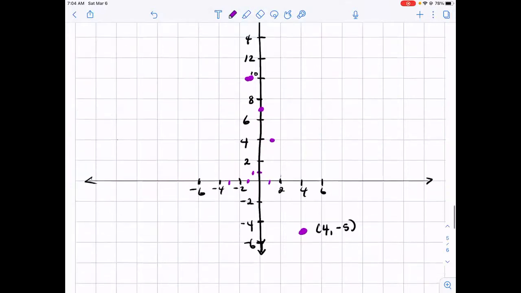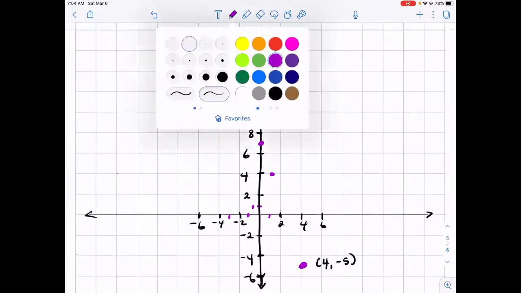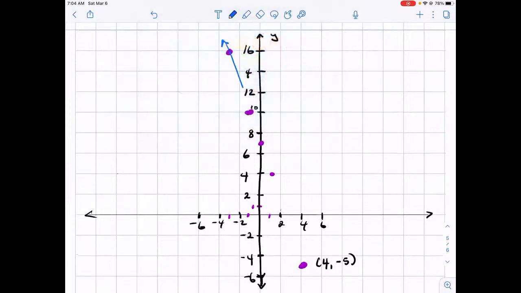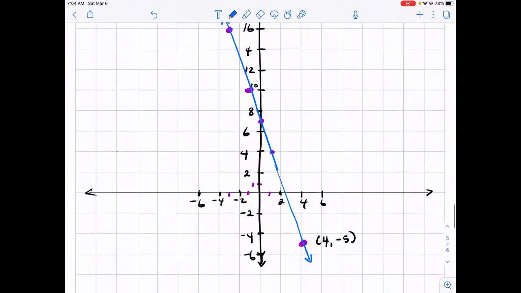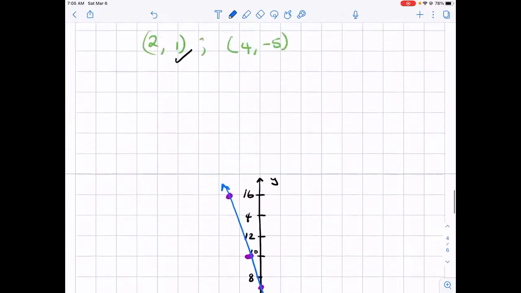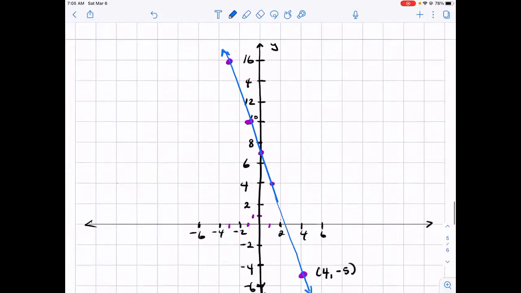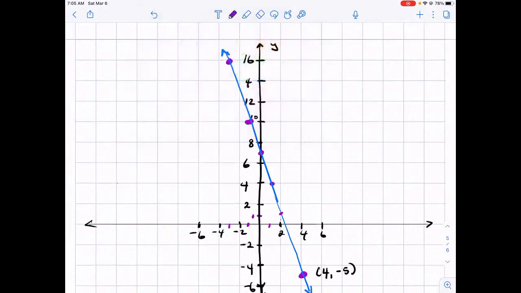So let's see if we have a better line now. Looks better. Okay, looks better. So did I lose any point? I think we had a point 1, 4, right? 1, 4 we have. 2, 1 is here, right?